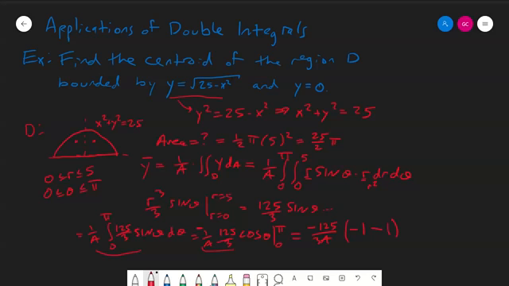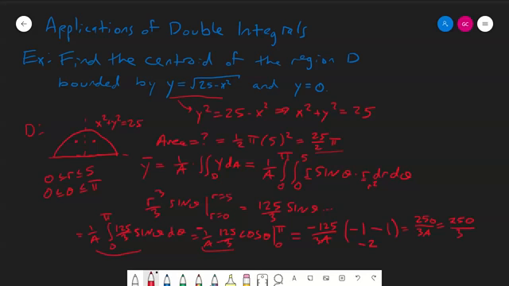So negative 1 minus 1 is in fact negative 2. So negative 2 times negative 125 is a positive 250. So 250 divided by 3a. And remember, a is 25 halves of pi. So we end up with 250 over 3.